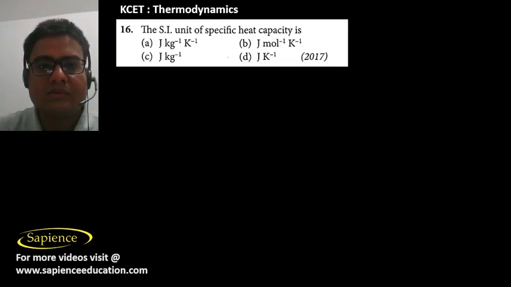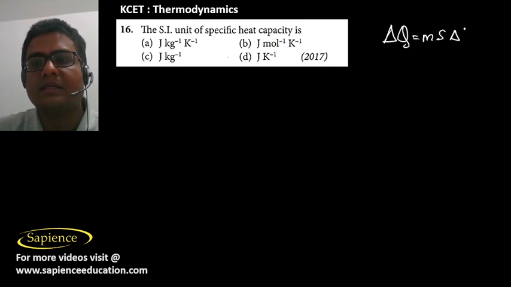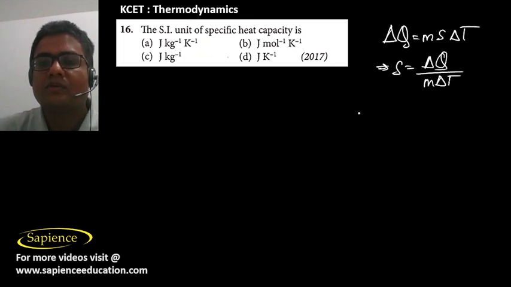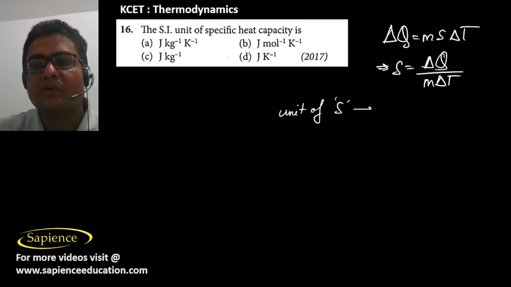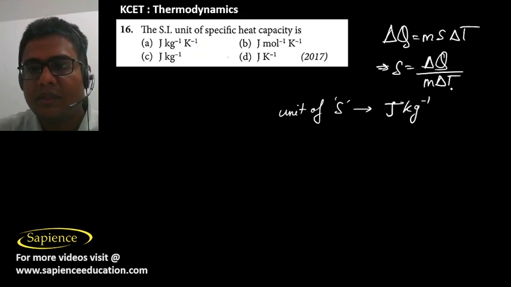In question number 16, it is asked what the SI unit of specific heat capacity is. We know that delta Q is equal to m s delta T, so s is equal to delta Q by m delta T. So the unit of specific heat s will be heat energy, that is joule, divided by the mass of the substance, that is kg, and divided by the temperature difference, that is Kelvin.